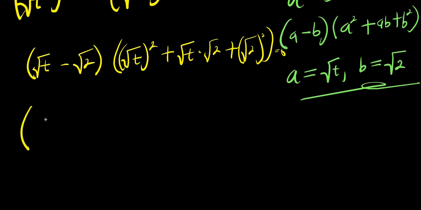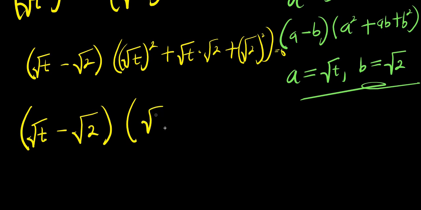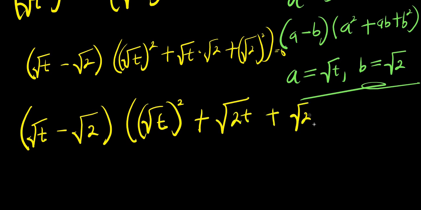So from here, we have root t minus root 2 times root t power 2 plus root 2 times root t plus root 2 power 2 equals 0.